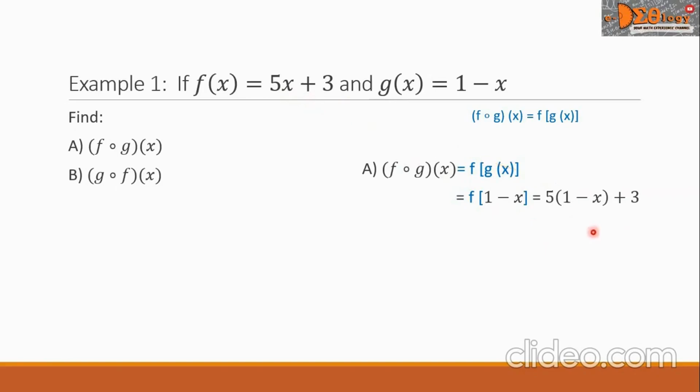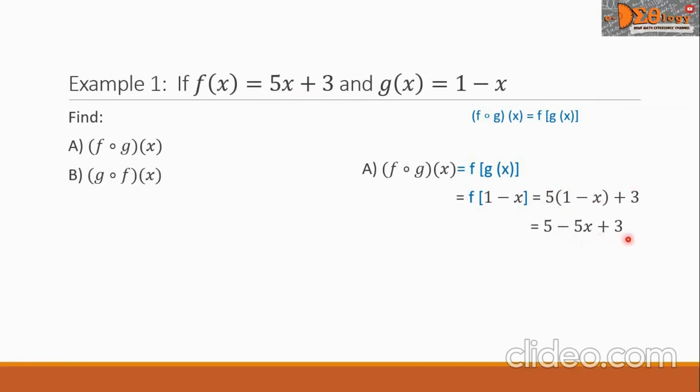And then we will simplify further. The number 5 is to be multiplied to 1 and to the negative x. So we have 5 times 1 is 5, and then 5 times negative x is negative 5x, and then the plus 3 we will copy in here.